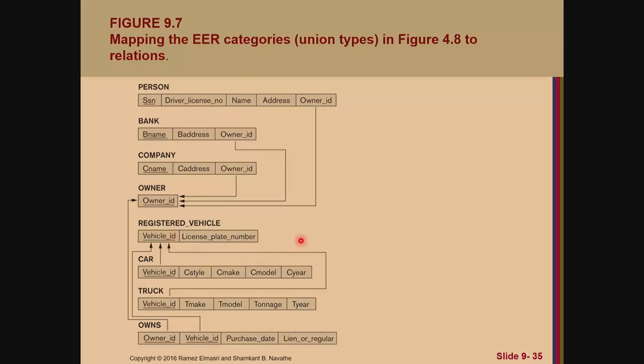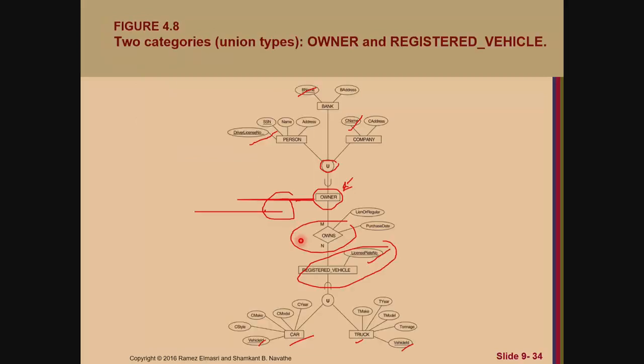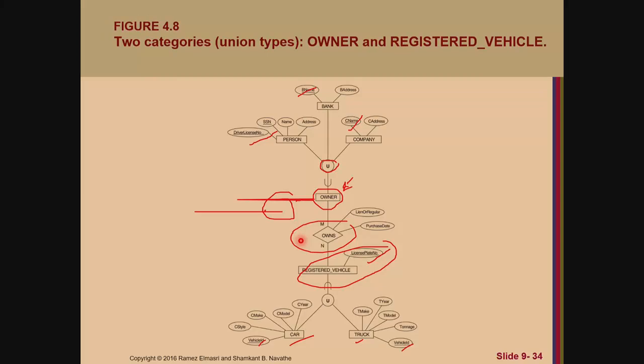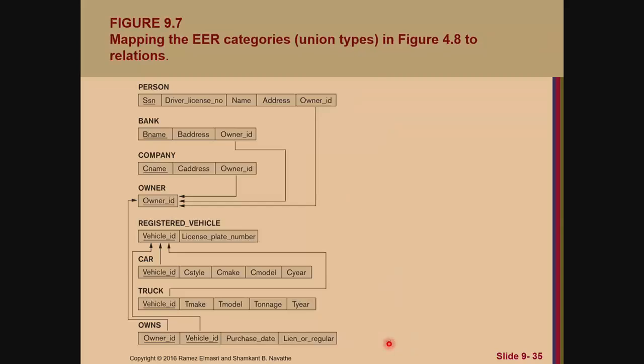Here they already have the key, but the other class that also participates in the union type has the same key, right? So you can use this one also in the relation. Here they use vehicle ID as the key.